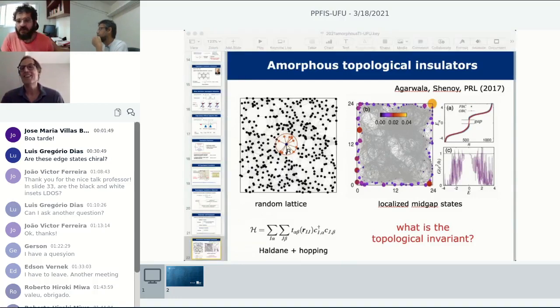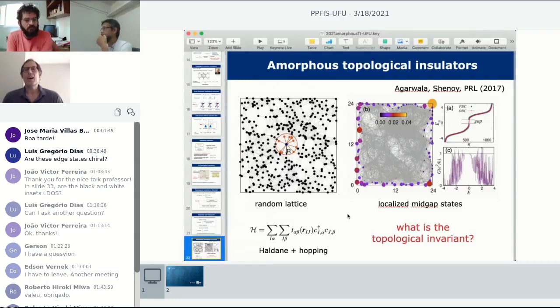Yeah, just a quick question. Are these edge states chiral? Chiral, yeah, like in the quantum Hall or the Haldane. Yes, you can say that. You can say that because what we have done, not with spin, is that we see something like helical states.